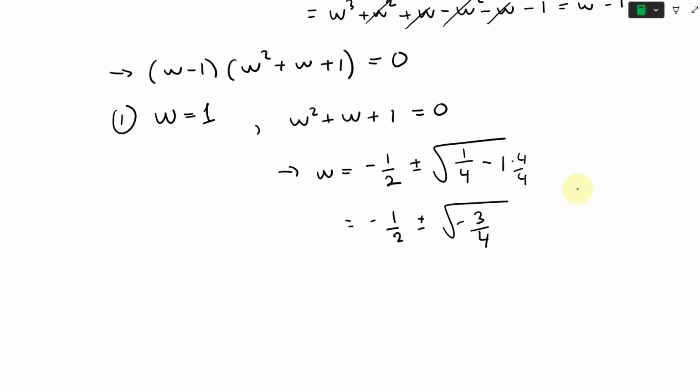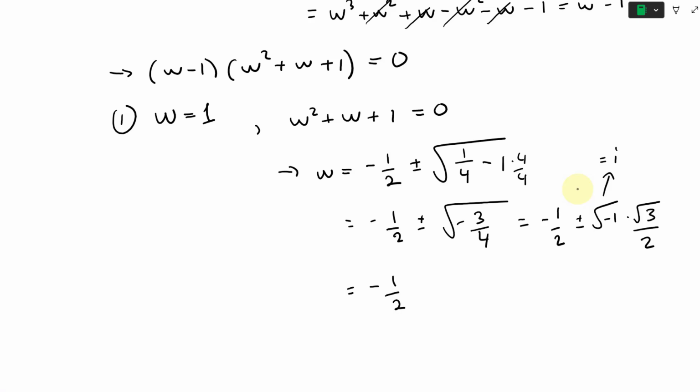So this equals negative 1 over 2 plus or minus, putting the negative 1 out, times the square root of 3, then the square root of 4 is just 2. The square root of negative 1 is the imaginary number i. So we have a complex solution.